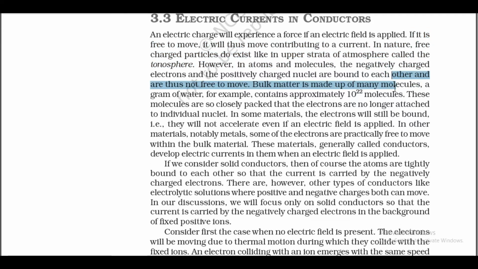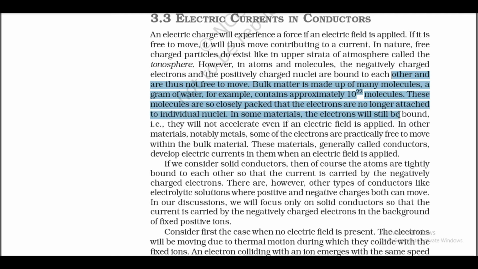Bulk matter is made up of many molecules. A gram of water, for example, contains approximately 10 to the power 22 molecules. These molecules are so closely packed that the electrons are no longer attached to individual nuclei.